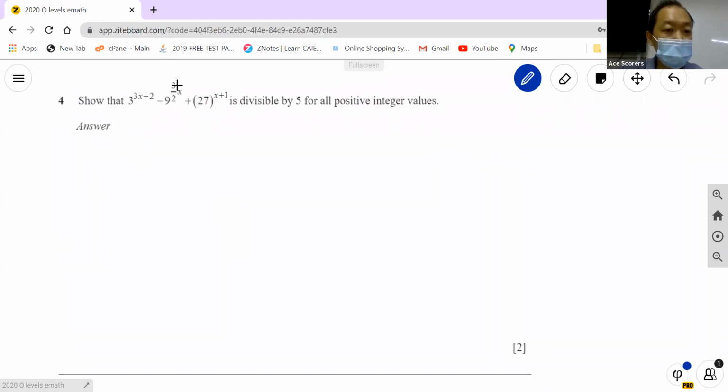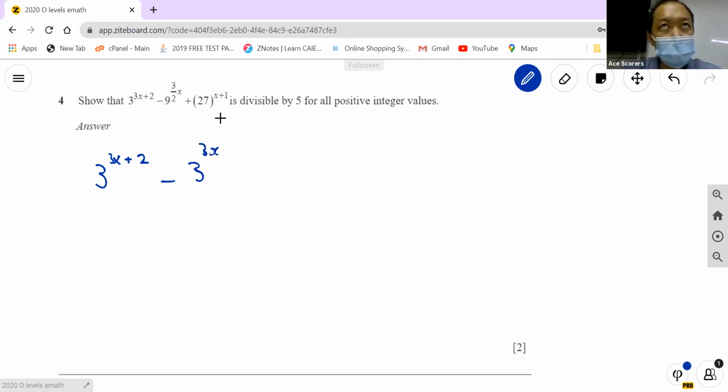Next, show that this expression is divisible by 5 for all positive integer values of x. I guess we need to expand, or change everything to base 3. So 3 to the power 3x, indices. 9 is 3 squared, so 3 squared times 3 to the power x.